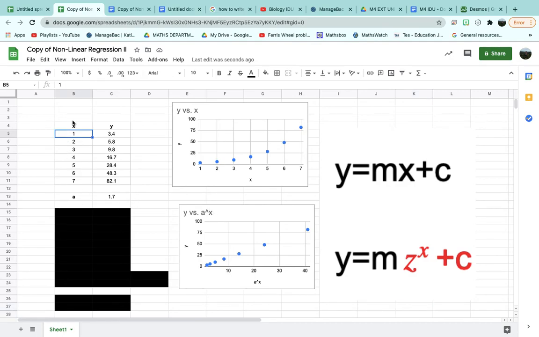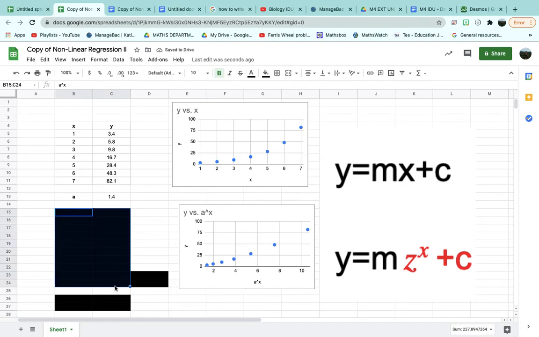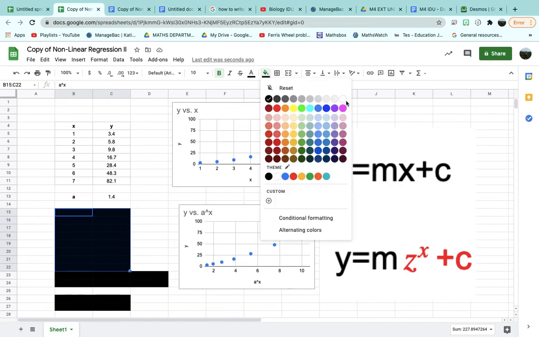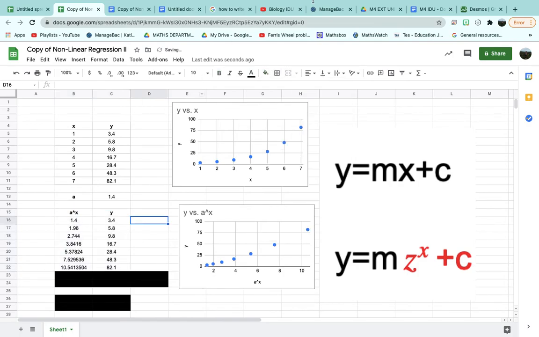So instead of taking x to the power of something, we're going to take a number and we're going to take that to the power of something. And we're going to take it to the power of x. So let's take the number 1.4. The first thing we're going to do is we are going to have a look at this, and we are going to take a, which is our chosen guessed value, and we're going to do a, which is 1.4 to the power of x.